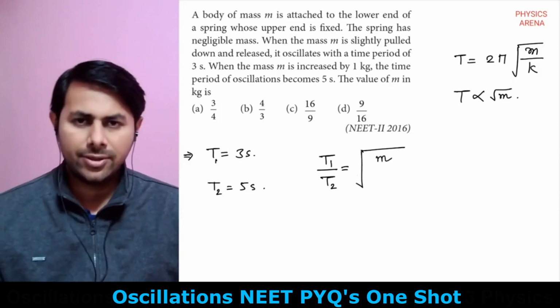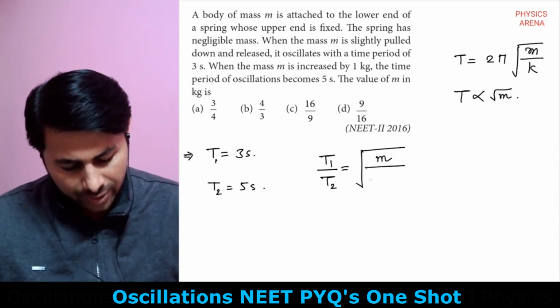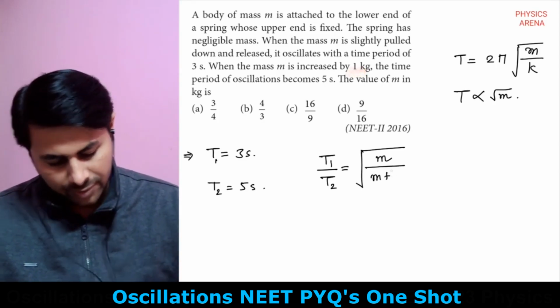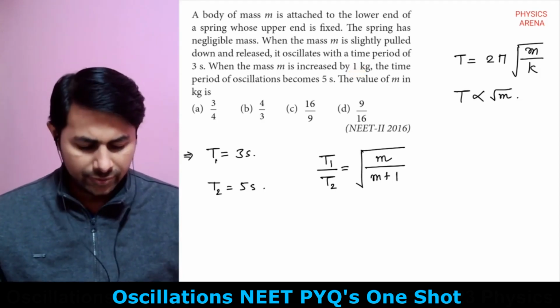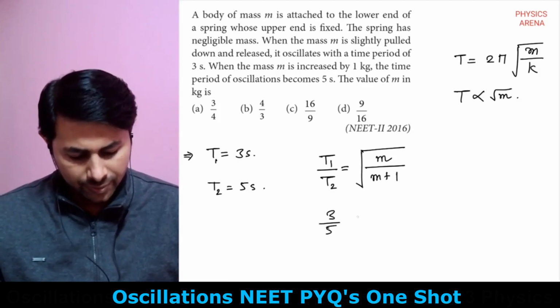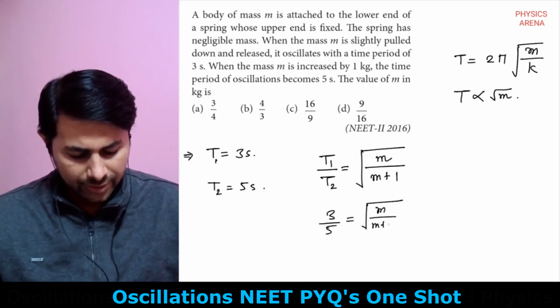So at first you have mass m only. Second time you have m plus 1 kg. Right. So then we can square this. So this is 3 by 5 equals root m upon m plus 1.